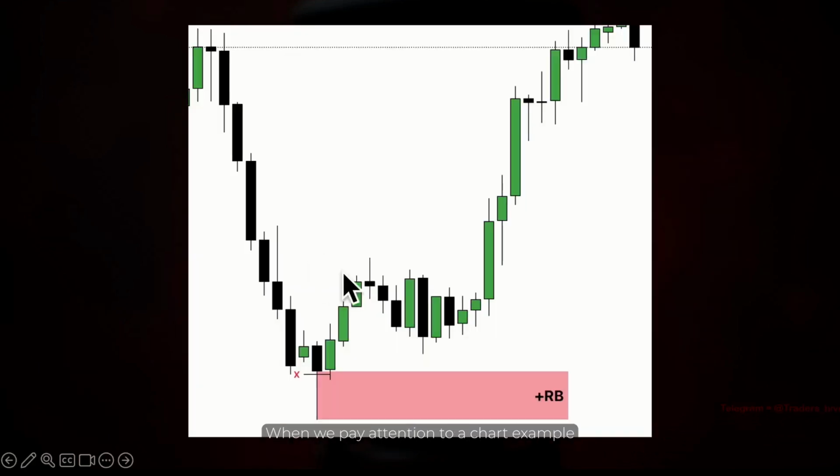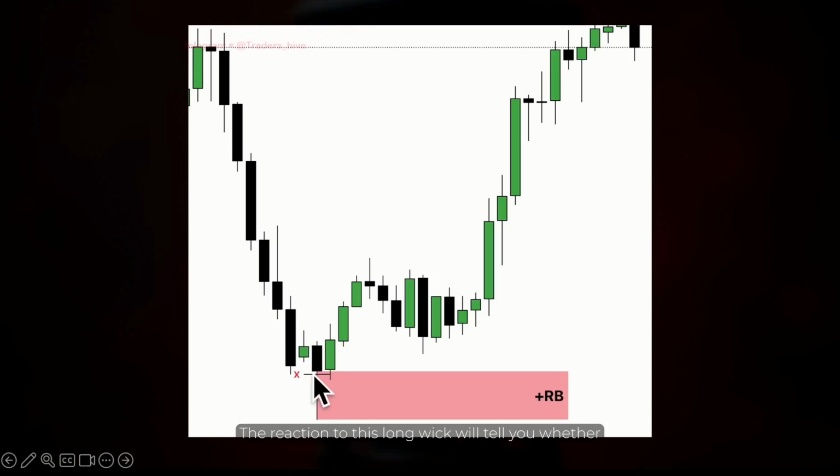When we pay attention to a chart example, what you can see is that the market expanded towards the downside quickly right here on the left side of the curve, and eventually we saw the market stop right here. We engineered sell side and we saw the market retrace. The next candle then opened up, initially went higher slightly and then expanded lower. Notice, however, that the market then closed above the low which formed right here, and you can see that this very long wick formed.